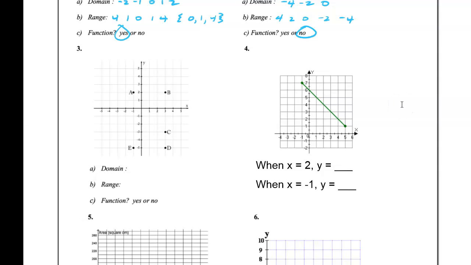Alex, do you want to help me with 3 or 4? I'll do 3. Okay. And I can help you with any part of this if you want help with it. How about domain? Do I look at the points? Yep. So the domain is just going to be the x values.